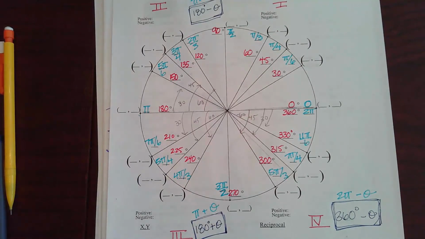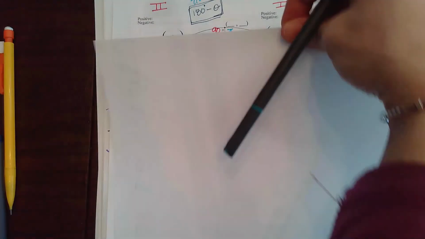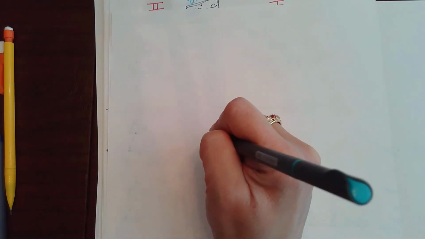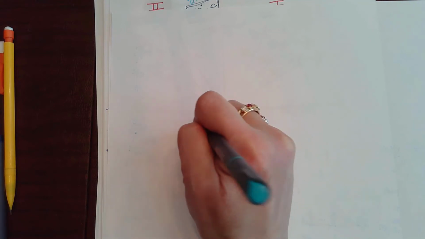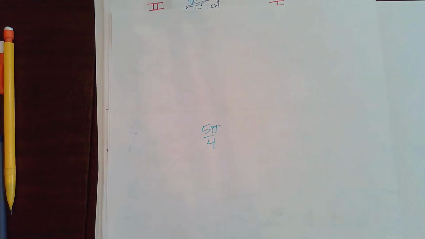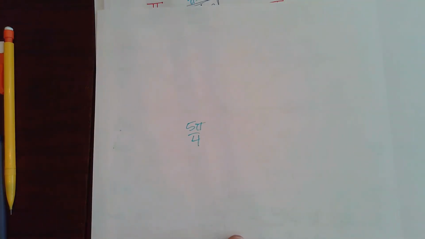Don't worry about memorizing this unit circle. What I want us to get in the habit of doing is thinking about radian measures. So for example, let's cover up the unit circle, and I say, what is 5 pi over 4? What quadrant is 5 pi over 4 in? What I want you to think about is this.